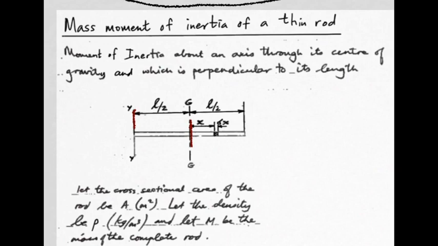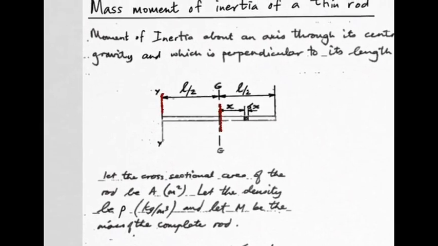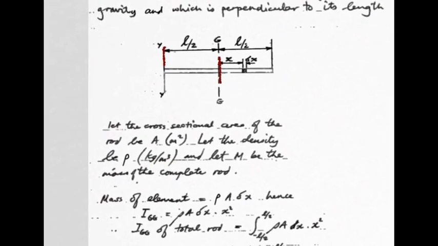And remember, the full length of the spoke or the thin rod is L, so we'll make it L over 2 one way from the center of gravity and L over 2 the other direction. So the cross-sectional area of the rod, we'll make A, that would have units meters squared. Density will be rho in kilograms per cubic meter, and M will be the mass of the complete rod.